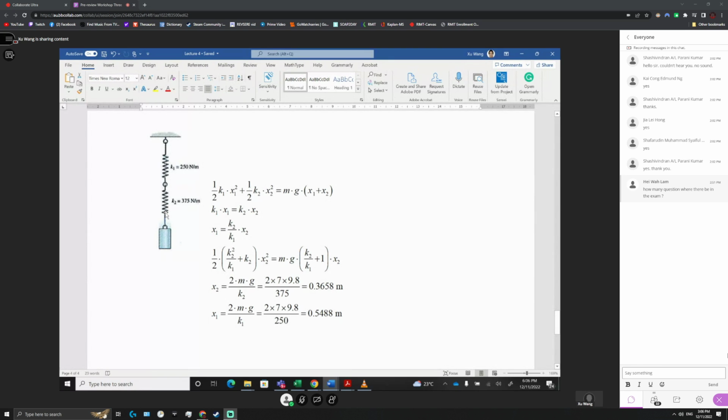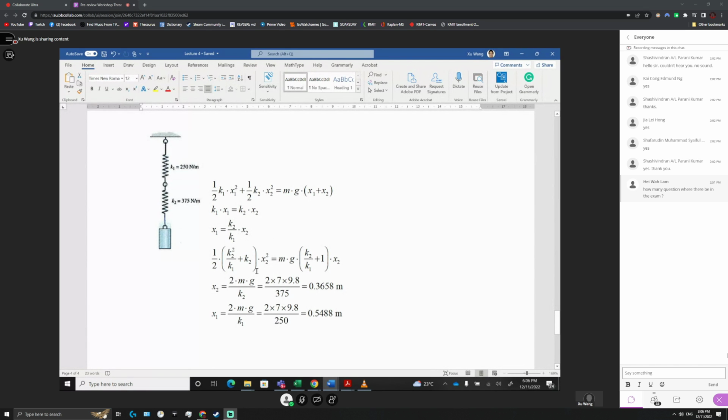This tension force here equals the spring force. That's the forces equal to each other. Then you can solve x1 equal to k2 divided by k1 times x2, and put this inside, replacing x1 by this one, and then make a square.